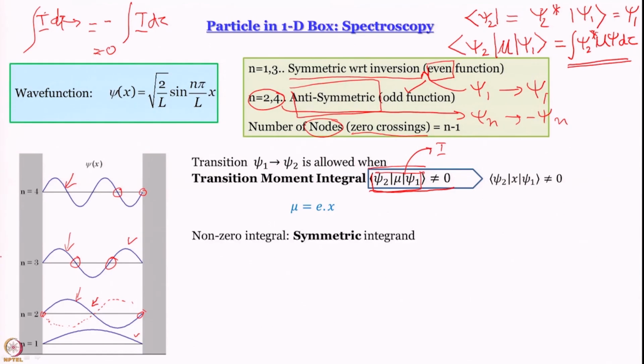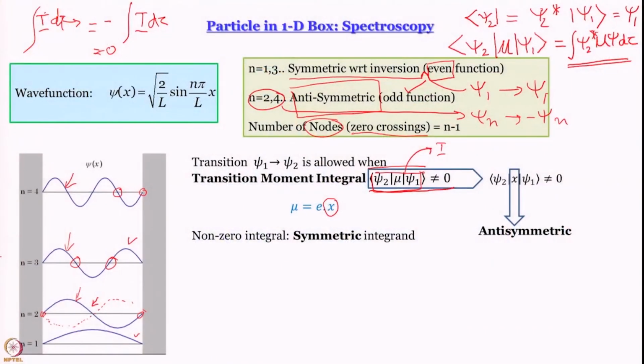Well, we have said this already, that a symmetric integrand is required for the integral to be non-zero. We are now asking the question, what about x? Is it symmetric or is it antisymmetric? What happens when we invert? X becomes minus x naturally. So, x is definitely antisymmetric.